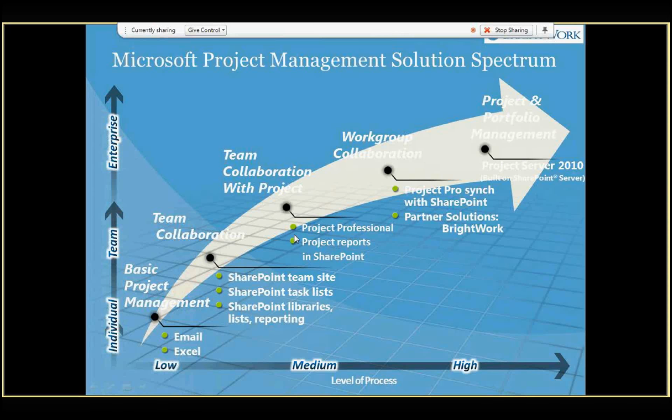We see Project Professional and MS Project interacting with SharePoint all the way through to total work group collaboration. And you can see here's where we fit. BrightWork brings to SharePoint a full project management solution. So beyond standard SharePoint, you can actually use BrightWork to extend SharePoint into a full system.